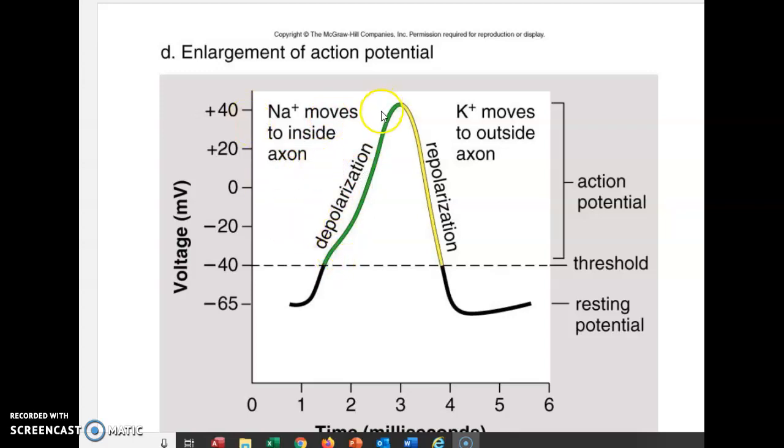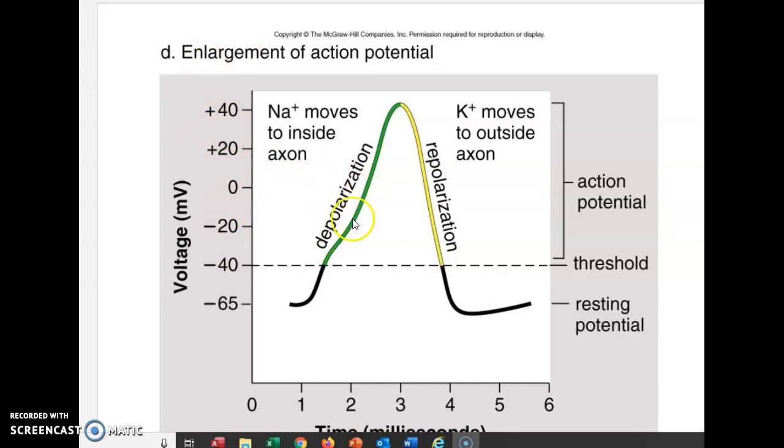As it climbs trying to reach that, we call that depolarization, because I go from a negative number, where my polarization is negative, and as soon as I cross zero, I have depolarized. I've gone from negative to positive, so I am now at the opposite charge from where I began.